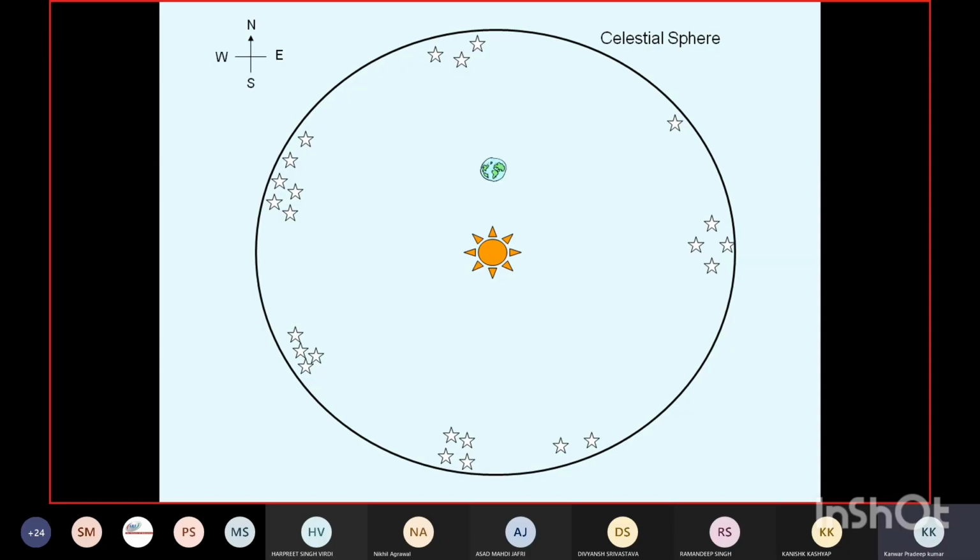So actually what is happening, the Earth is rotating on its axis and it is also revolving around the Sun. The Sun is stationary. But I also told you that since I am trying to find my position using all the heavenly bodies, when I look around myself in the sky or anywhere, I see that I am in the center.